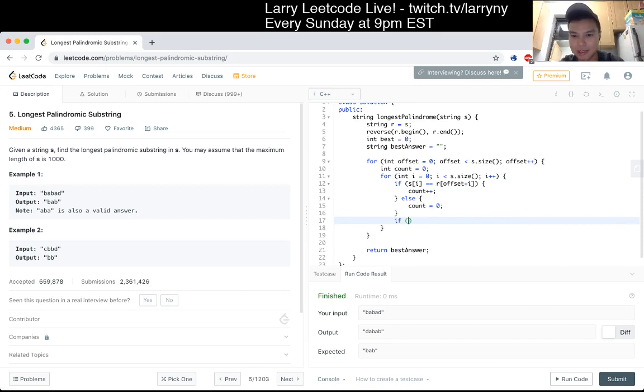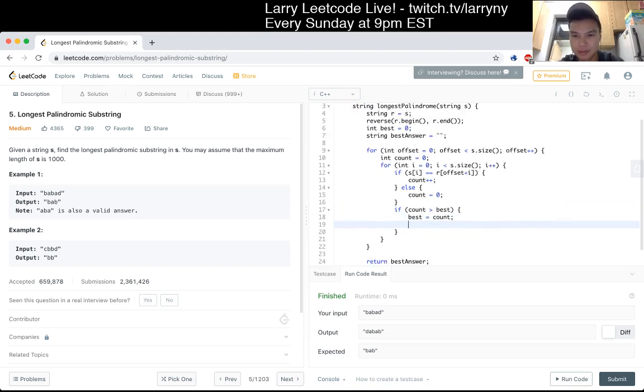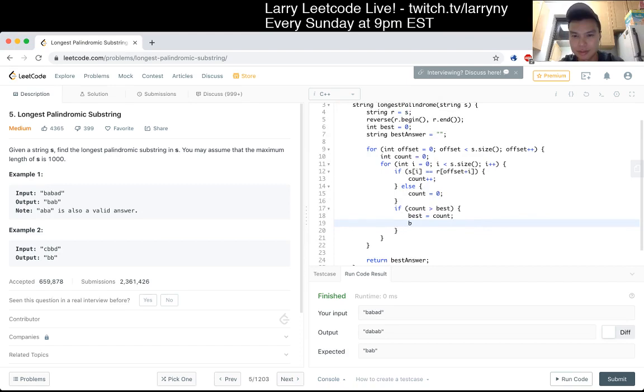Counts, I guess. This is just like the other problem that we did, because now I actually do want to keep track of the string in an efficient way. Oh, I can just use substring actually. That's fine.